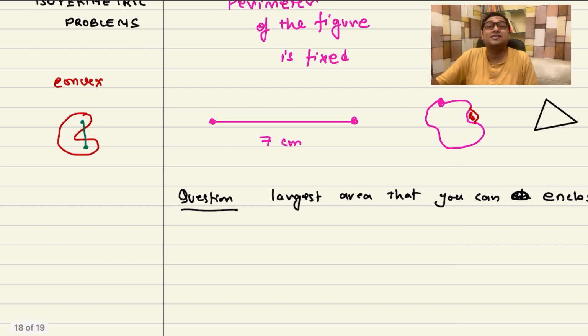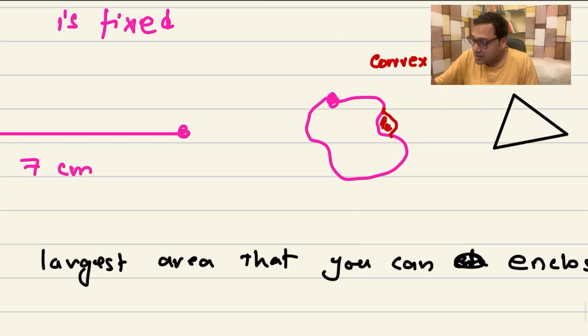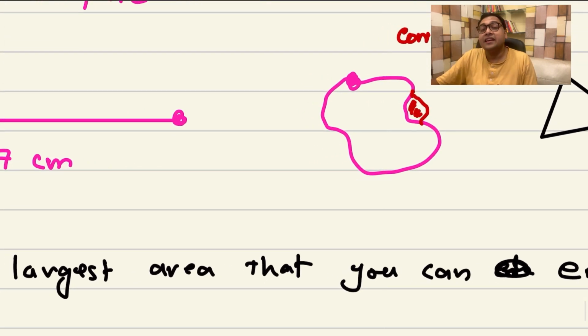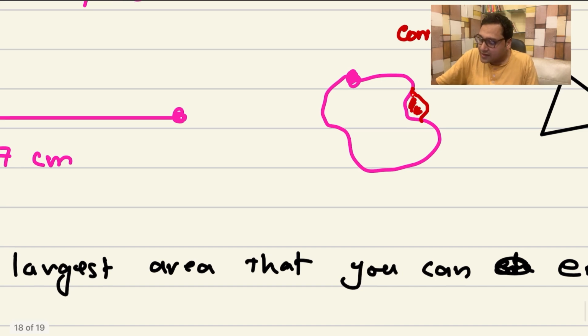So this is not convex. So here the figure, the area maximizing figure must be convex, because otherwise, crudely speaking, you can simply reflect it, right? You can reflect about a midline and you can get more area to be included. So it should be convex.